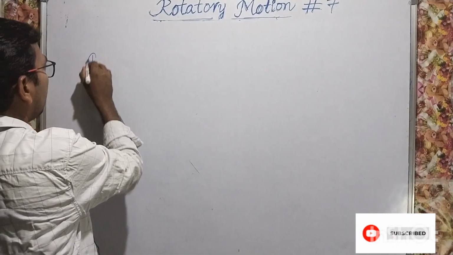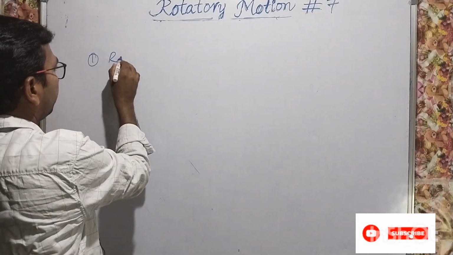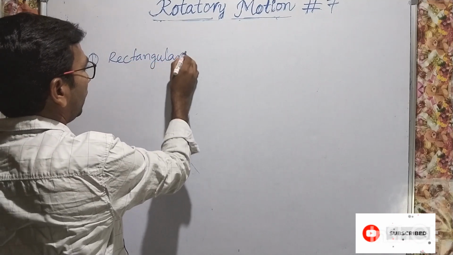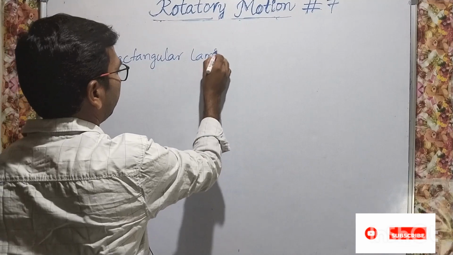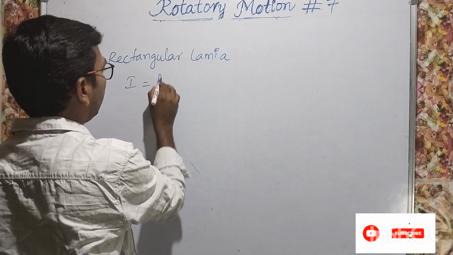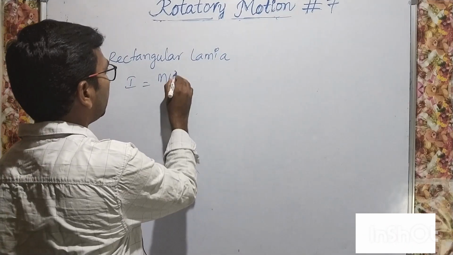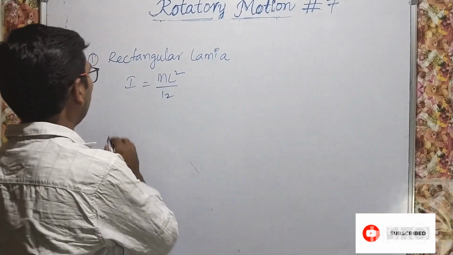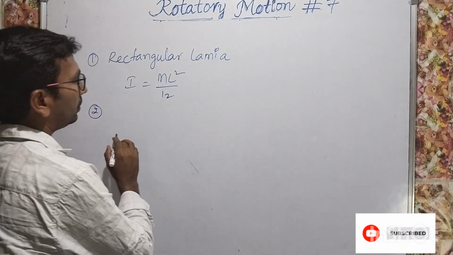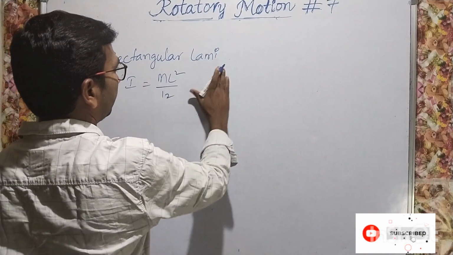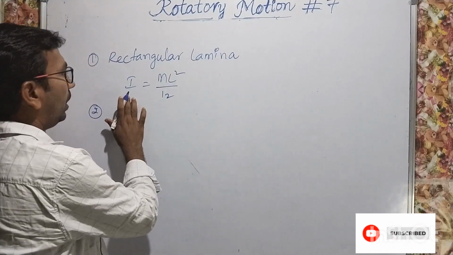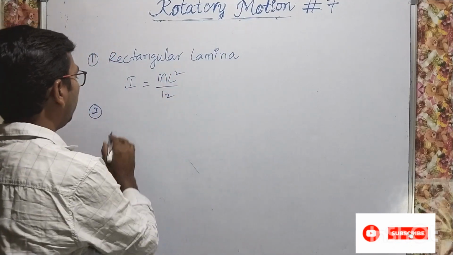The first one is the rectangular lamina, whose moment of inertia I is equal to ml square by 12.